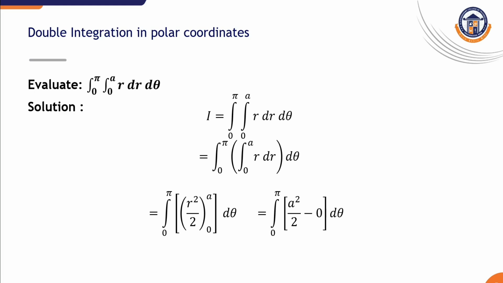Integrating r with respect to r gives r²/2, limit 0 to a. Next, we integrate from 0 to pi with respect to dθ. Replacing with our limits, the upper limit is a, so we have a²/2 minus the lower limit 0, dθ.